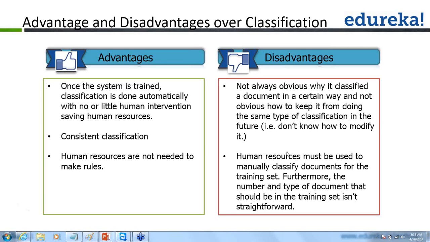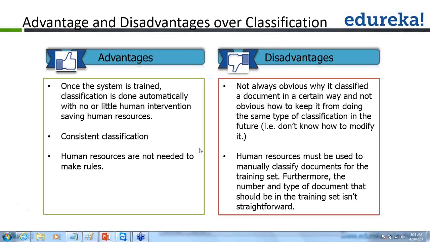On the disadvantage side, it is not always obvious why it classified a document in a certain way, or how to keep it from doing the same type of classification in the future. If you are not doing a proper predictor analysis and don't define the parameters which can affect the output, that could be a disadvantage. For example, for property price, the location in a particular city can affect prices.